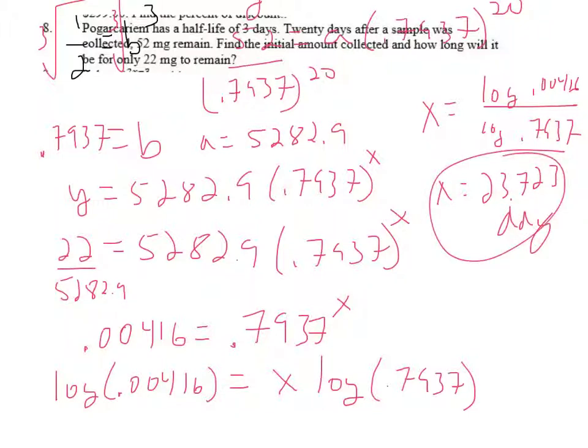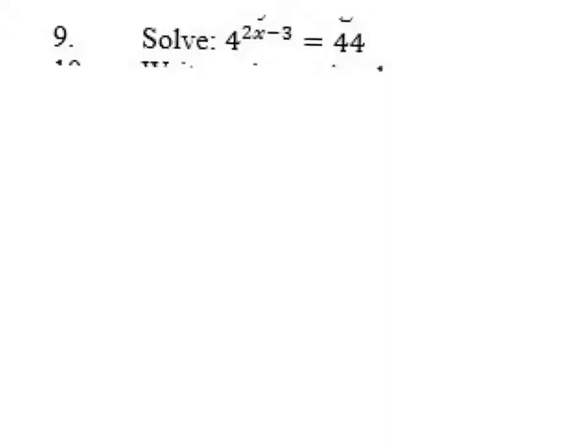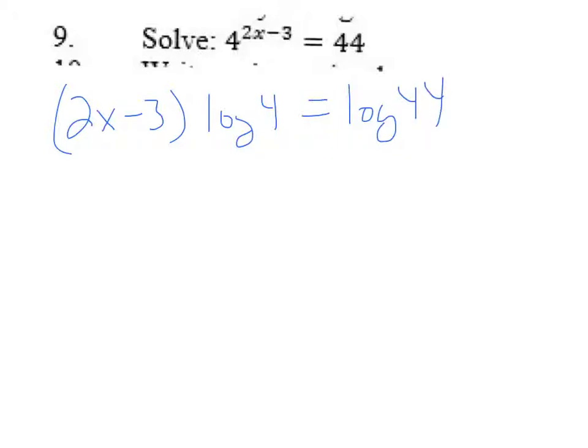So let's highlight what I need. There's the initial amount, and here's how many days. But of course you have to do all this in-between work to get there. So another log equation in order to get the exponent. I could rewrite it as a log, but I think what I'm going to do is take the logarithm of both sides, then use that power property for logarithms to bring that exponent down in front. Then I'm going to divide both sides by the log of 4.